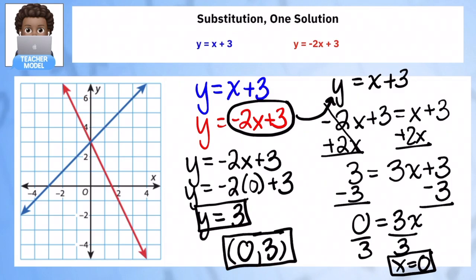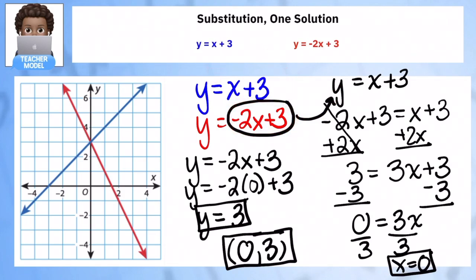All right, so again, biggest takeaway when we have a substitution: you want to create two equations where y is equal to some expression, so y-intercept form works really well, or x is equal. Once you have that, you take one of them and sub it into the other equation, so we can solve for x.